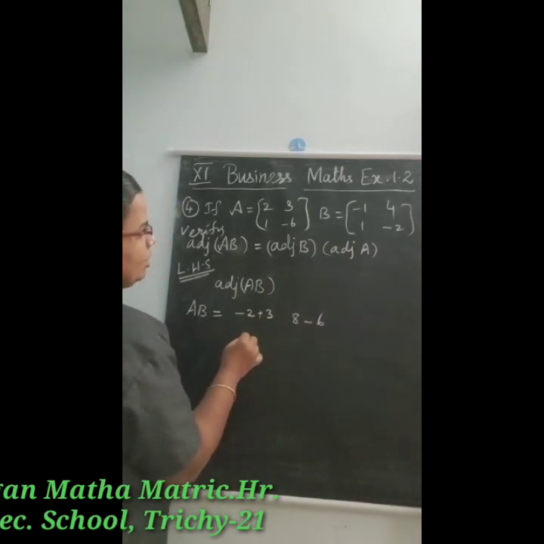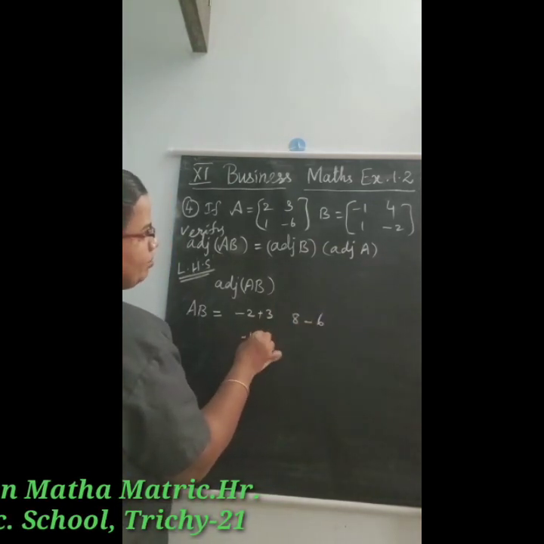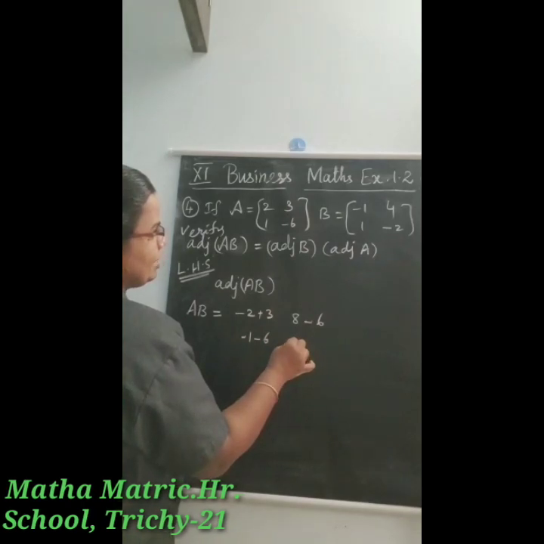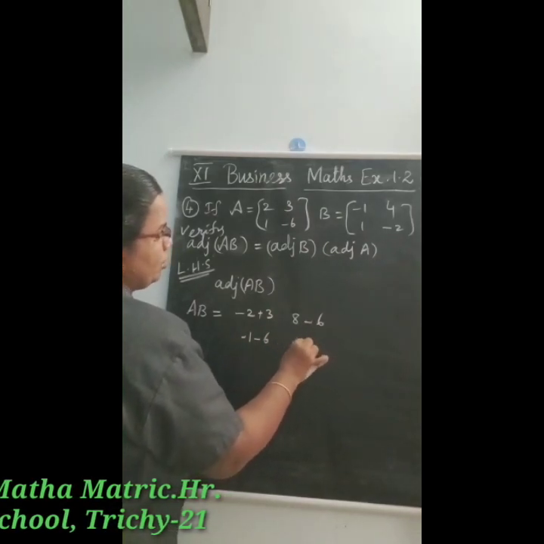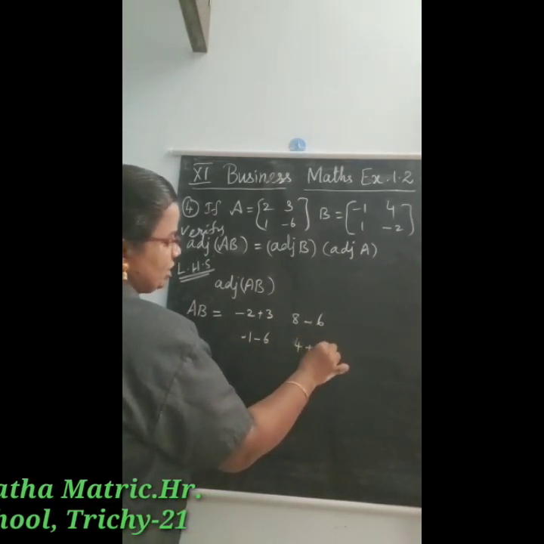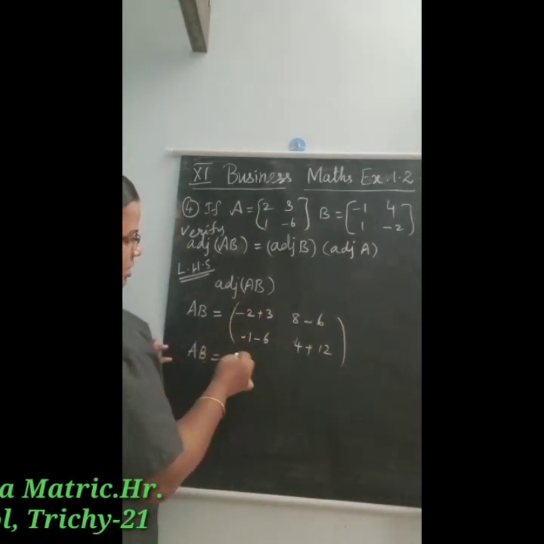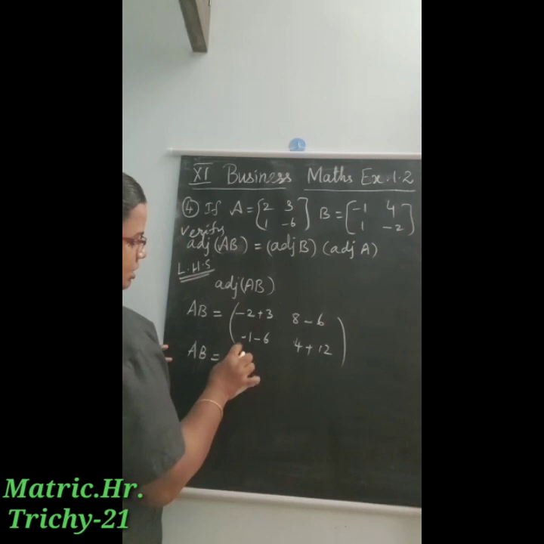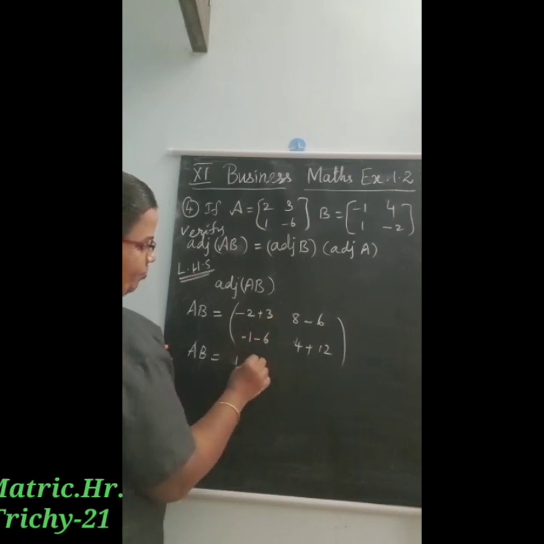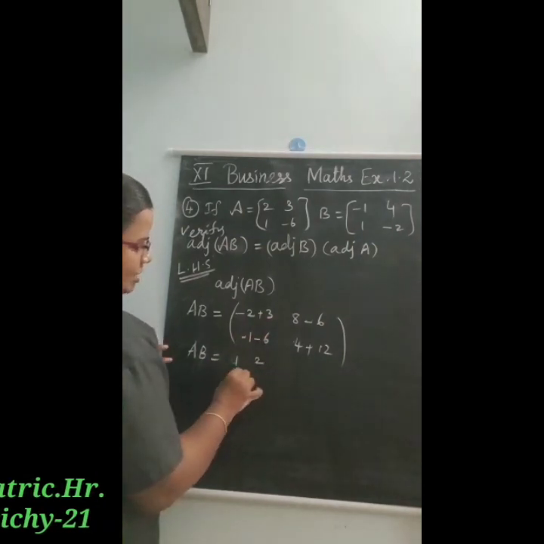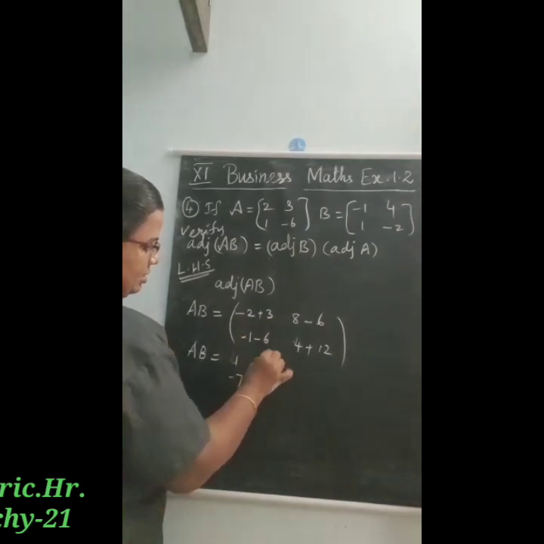Second row first column, minus 1 minus 6. Second row second column, 4 plus 4 times 2 is 8, 4 plus 8 is 12. So what is AB? AB is equal to minus 2 plus 3, 1, 2, minus 7, here 16.